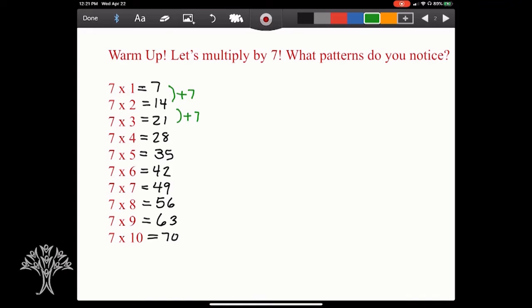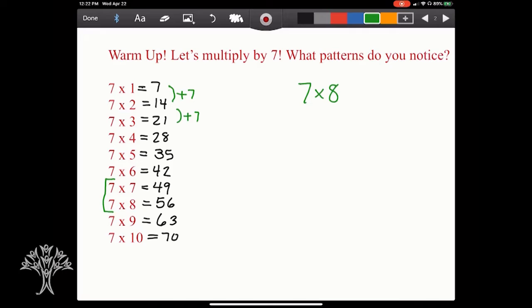I also notice too that sometimes multiplying by sevens can be a little bit of a challenge. So when you get into these larger problems, like 7 times 7 and 7 times 8, we begin to struggle. So I want to remind you of a couple tricks that you can do when you're solving some of those larger multiplication problems. One of those is that you can break it out into chunks that you might know.